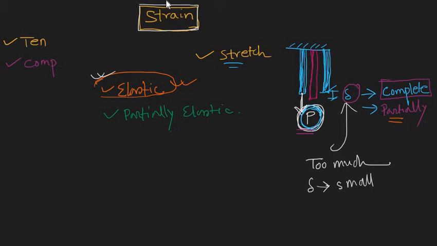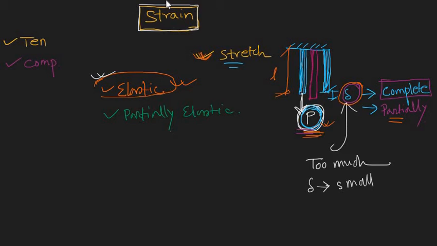Now we are going to define strain, what strain actually is. Let's say initially the length of this bar was L. Once you apply your external load P, the deformation is delta, or the stretch in each and every fiber is delta.